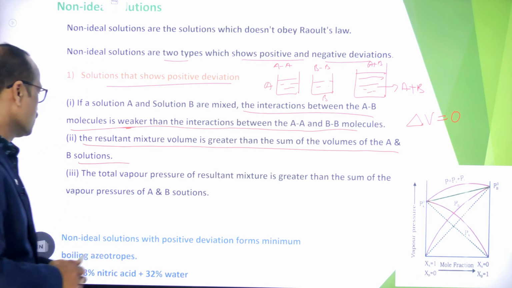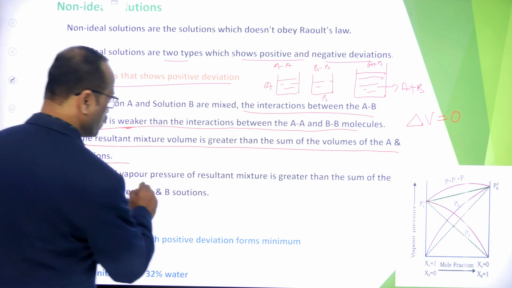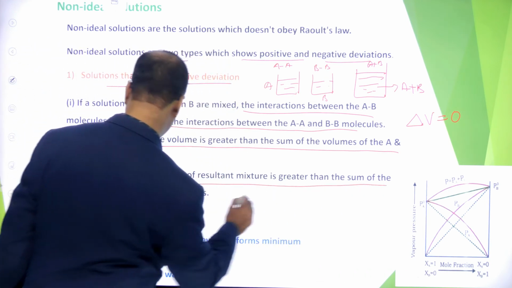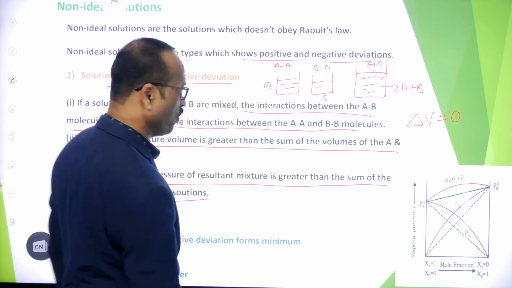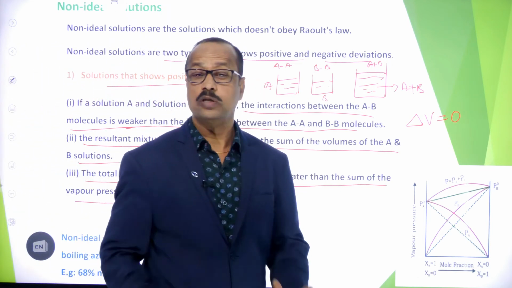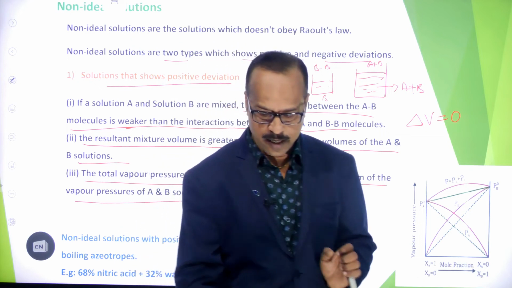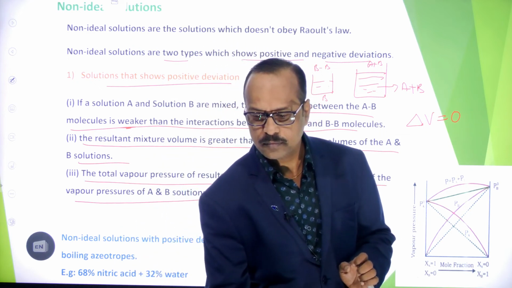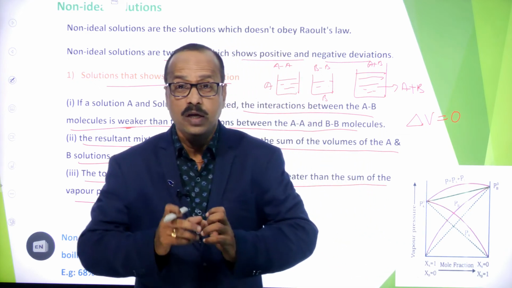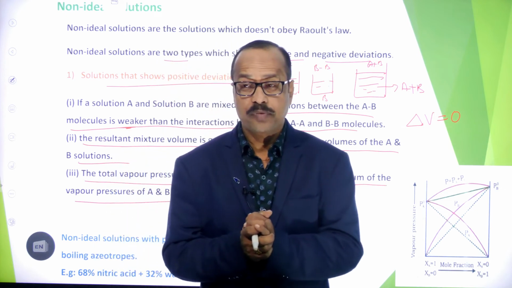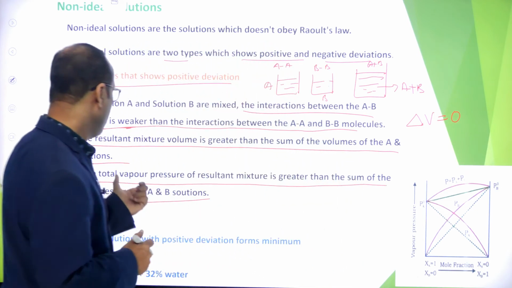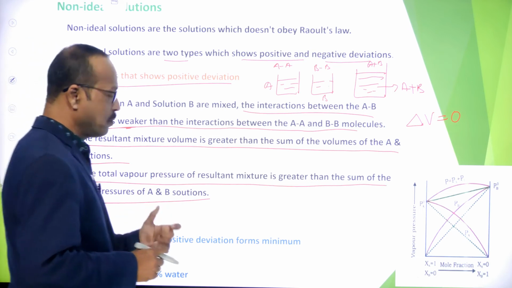Okay, so that is it. And the total vapor pressure of the resultant mixture is greater than the sum of the vapor pressures of A and B. So what is the meaning, students? Listen carefully. The vapor pressure of the mixture is greater than the vapor pressure of each.